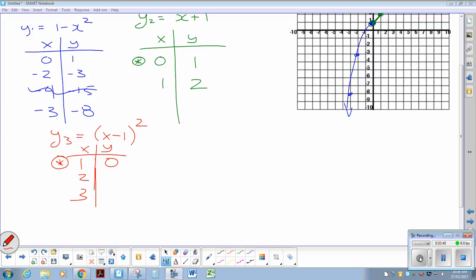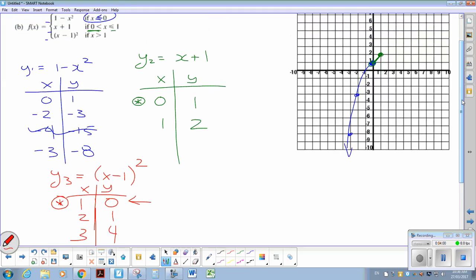Then plugging in the rest, 2 take away 1 is 1, 1 squared is 1, and then 3 gives 4. I know I'm going to have an open dot here because I had a star. So at 1, 0, I've got an open dot. And then 2, 1, and then 3, 4. So it's going to look like that.